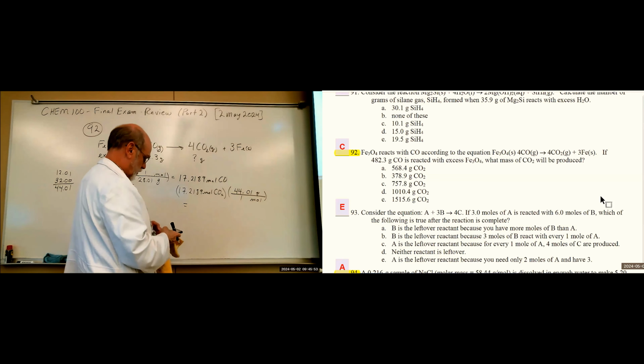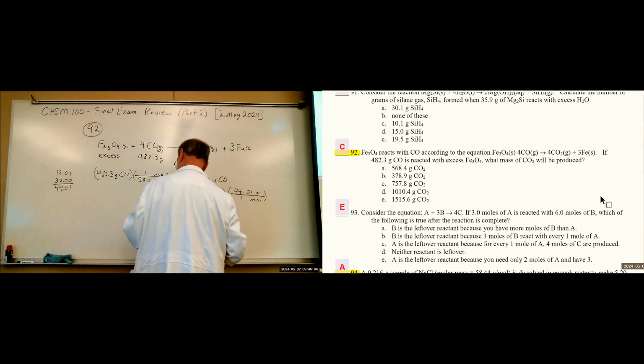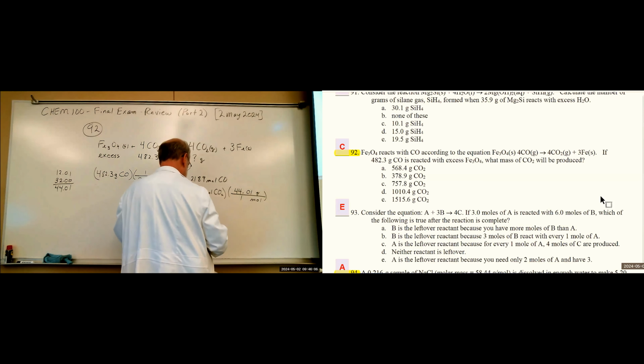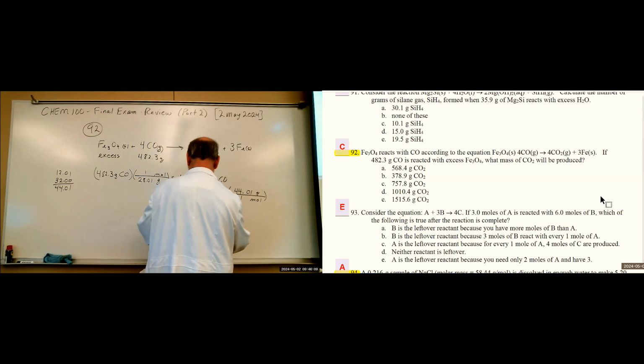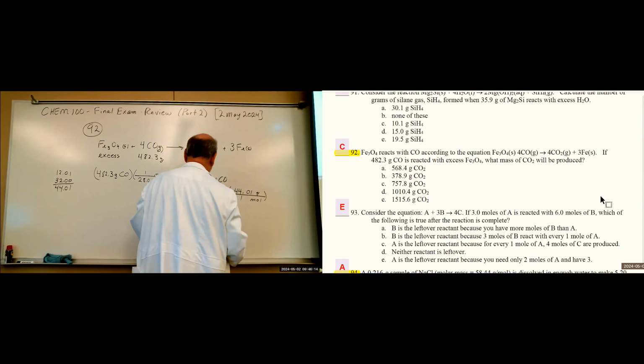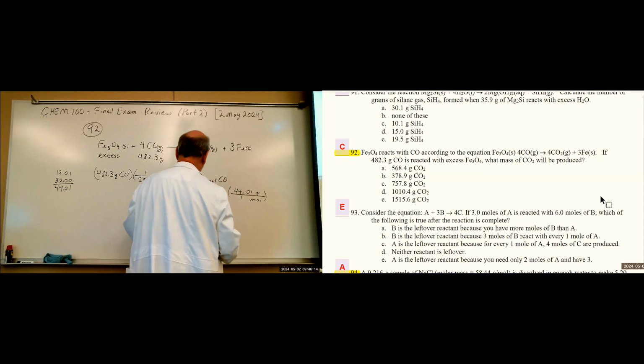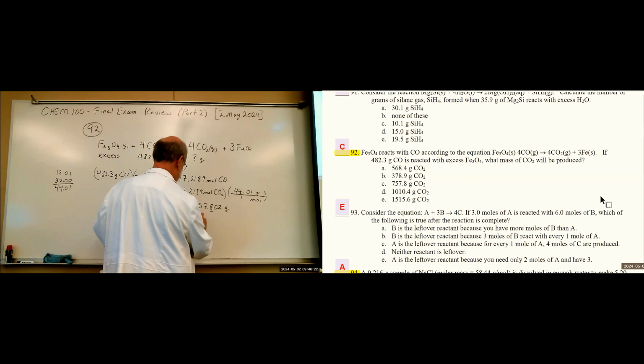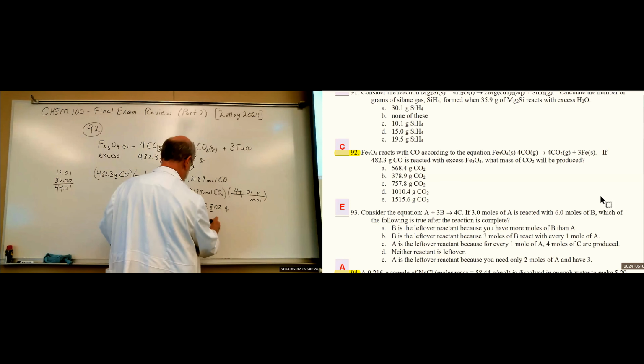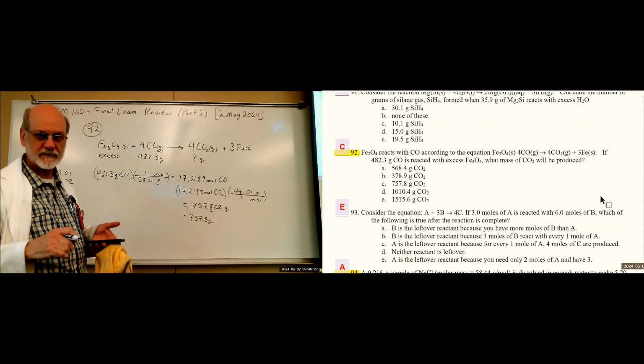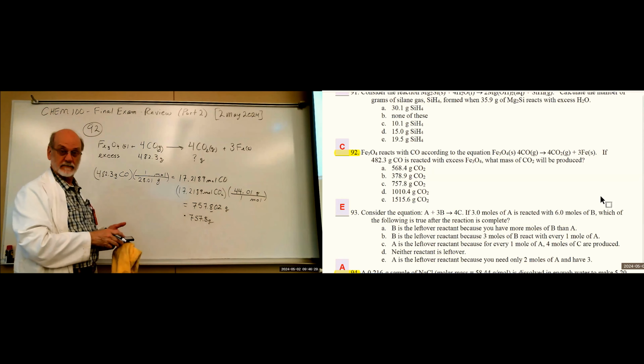So 44.01 times that value is 757.80 grams. Now let's see. We have 4 significant figures, so we're rounding to that position: 757.8 grams. Okay, and your answer is C.